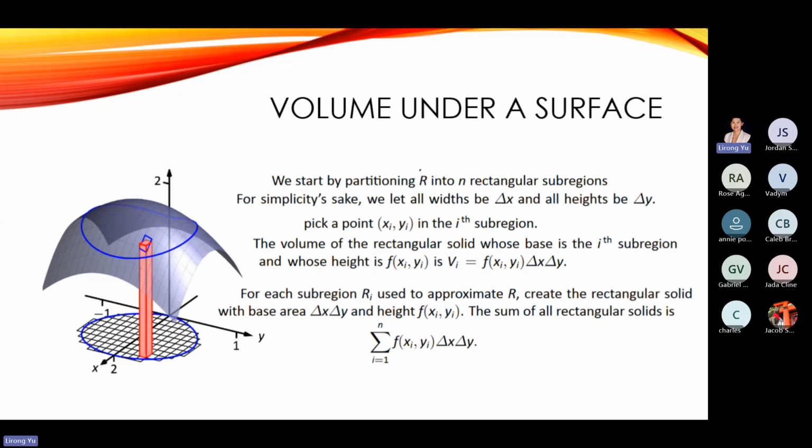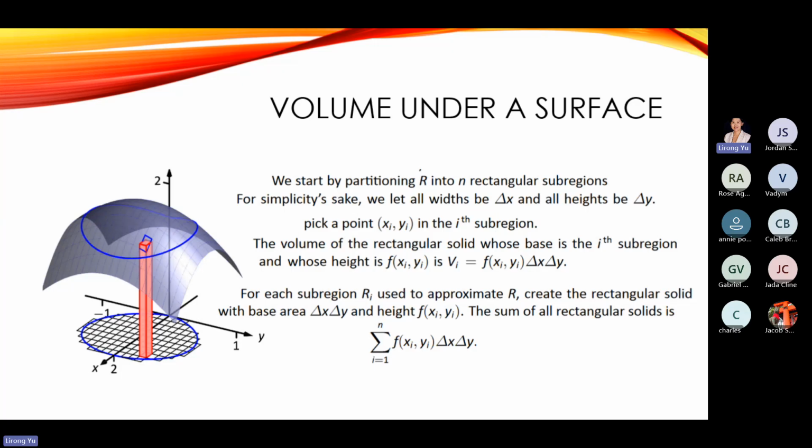The height of this bar is the function value f of x, y. The base area is a little rectangle, whose area is length times width, or delta x times delta y. So f of x, y times dx dy is a small volume, but there are many small volumes and we're supposed to add them all together.